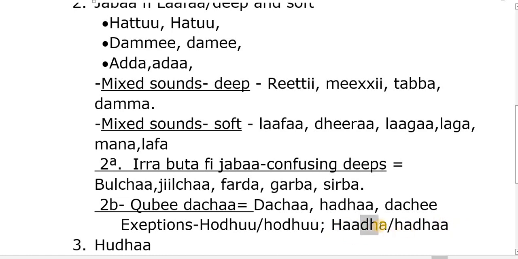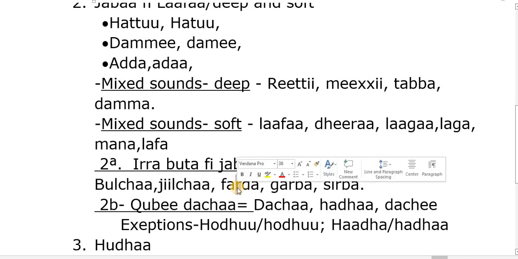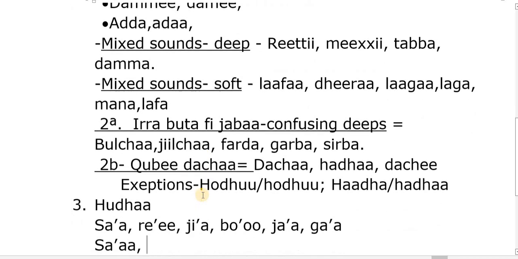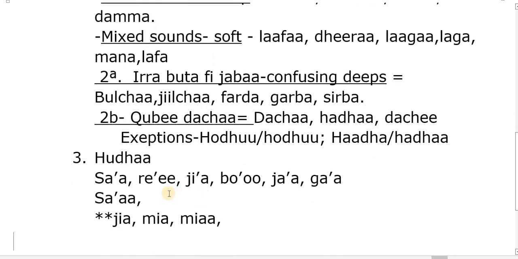So this is softer. This is stronger. So the exception here: don't double compound sounds or other sounds where there is a silent or irrabuta in a word to make it strong. That should be clearly identified. We have said this. Okay.